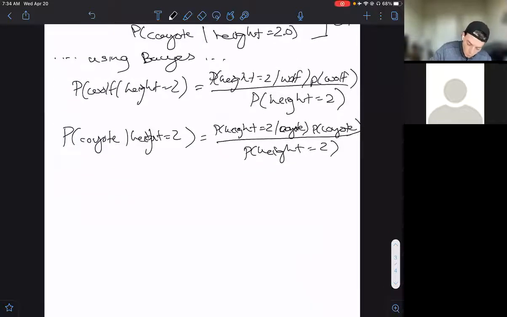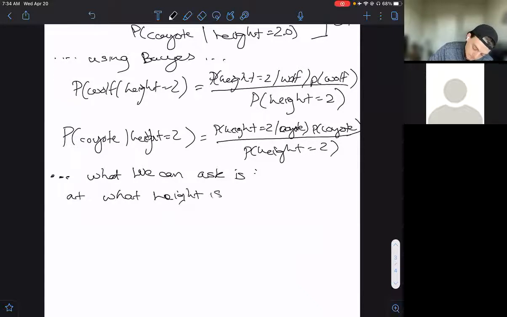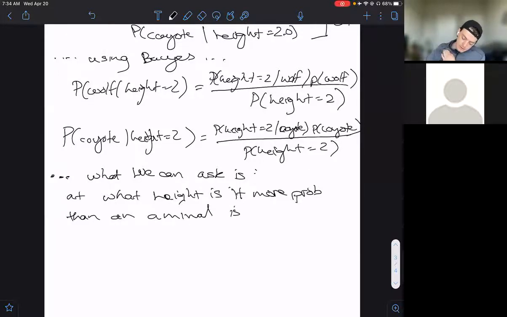And so what we can ask, let's do: at what height is it more probable that an animal is a wolf?